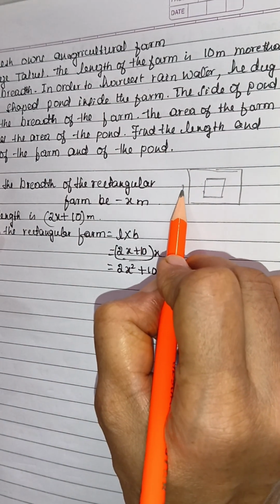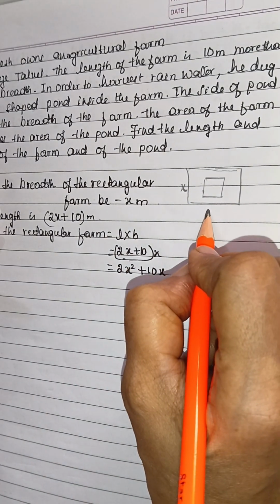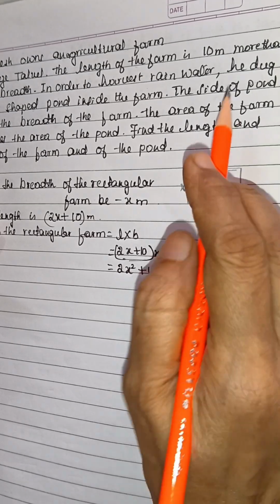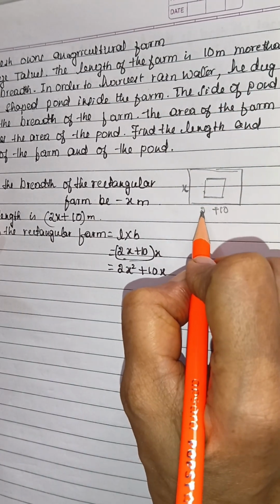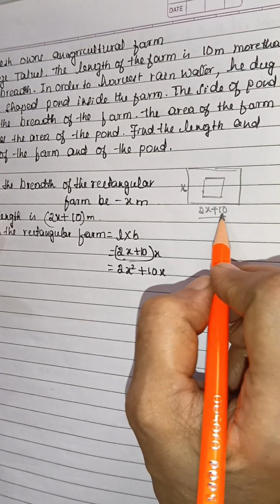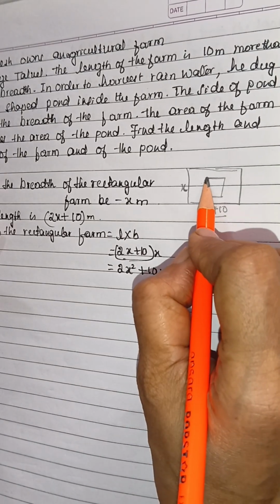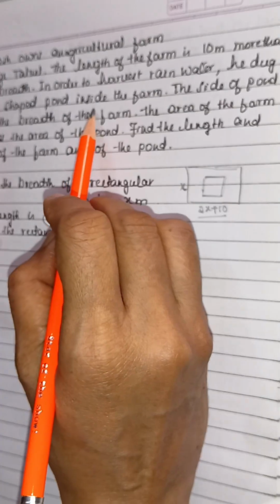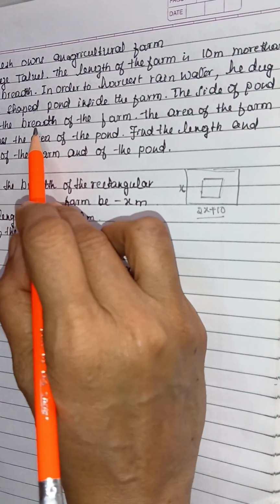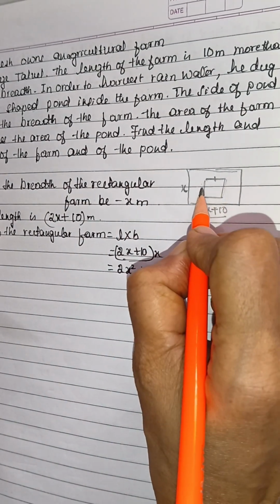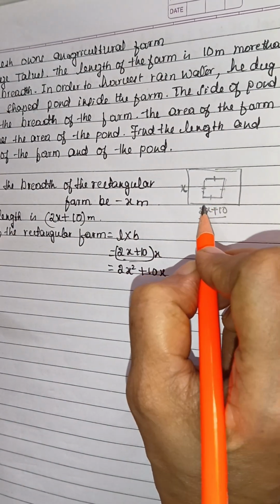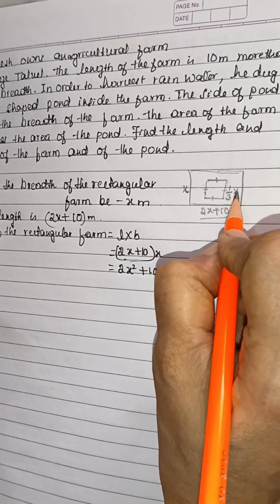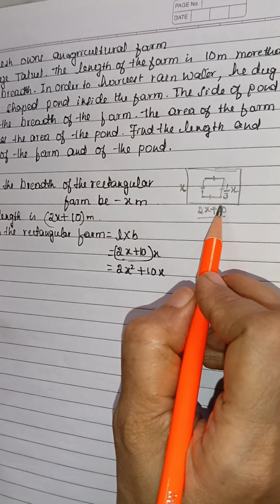See, its breadth we assumed is x, so its length is 10 more than twice its breadth. So 2x plus 10 becomes the length of the rectangular shape farm. Inside, he dug a square-shaped pond, that is, the side of the pond is 1/3 of its breadth. A square-shaped pond means all the sides are equal. No, so the side is given, that is 1/3 of its breadth. Okay, 1/3 of its breadth.